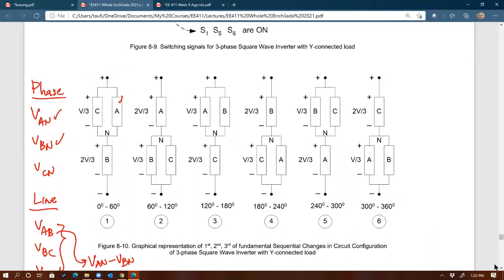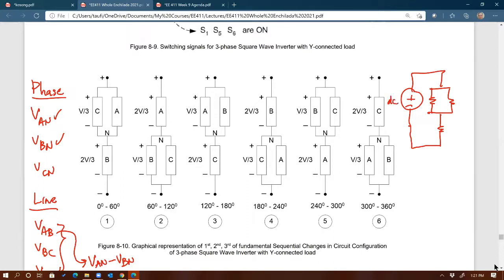Now, why is it important to do this? Because now we can see clearly how much voltage we have for VAN, VCN, and VBN, right? If you have this situation right here where you have two resistors right there and one right here, these loads are balanced, okay? I forgot to mention, they're all the same resistor value, right?